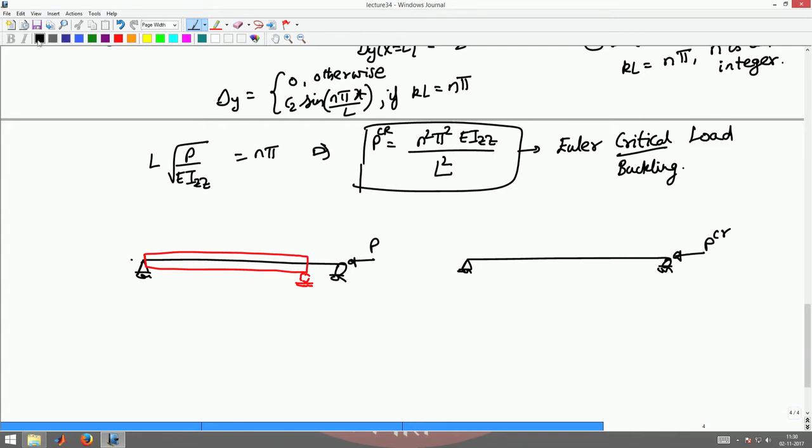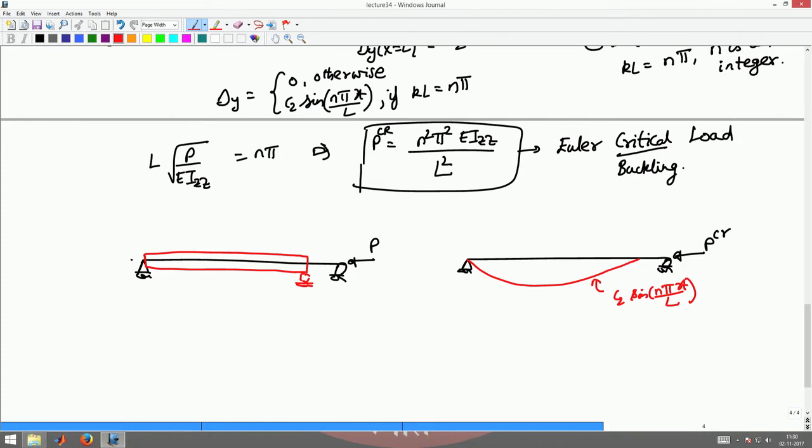then an alternate solution arises, which is this, the solution given by C2 times sin n pi x by L. Still I have not determined what C2 is.